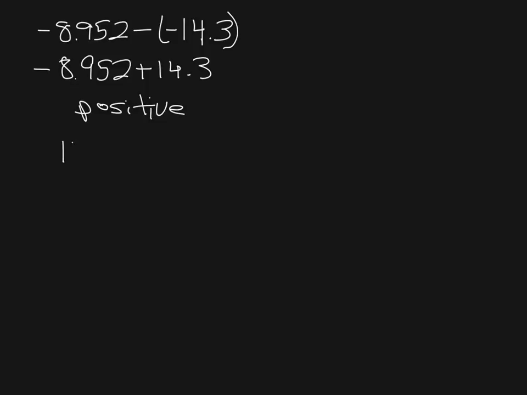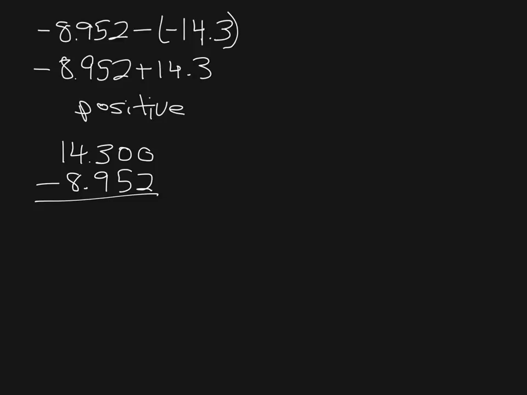So I'm going to set up 14.3. Make sure I line up my decimals, and I'm subtracting negative 8.952. And maybe to make this look prettier, I'll fill in these blank spaces with zeros.